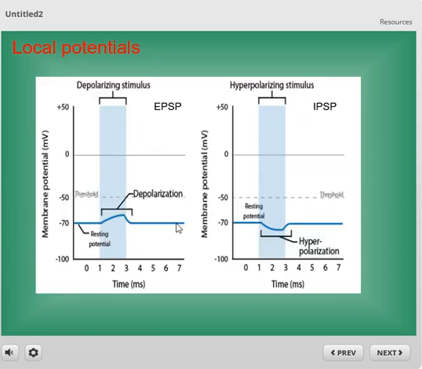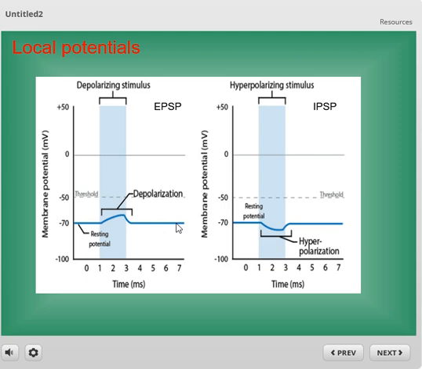This picture shows the EPSP and IPSP. EPSP is excitatory postsynaptic potential, and IPSP is inhibitory postsynaptic potential. They are part of the local potentials that are generated in the postsynaptic membrane.